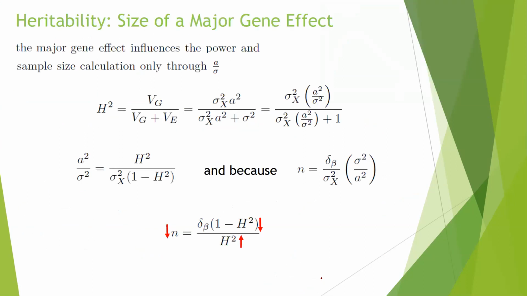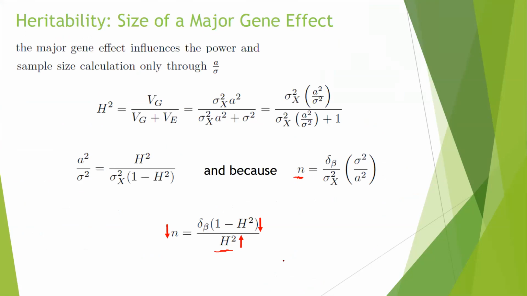Now, when we want to see the relationship between the sample size and heritability, we fix the power. Here we talk about if we want to achieve the same level of power, what is the relationship between the sample size and the heritability?